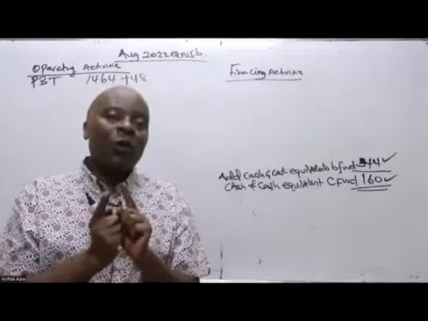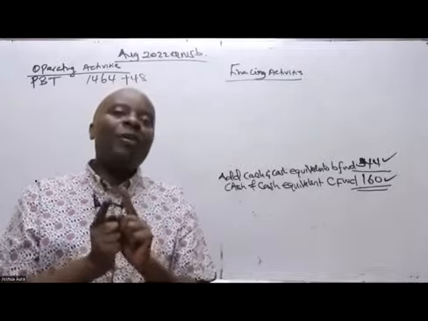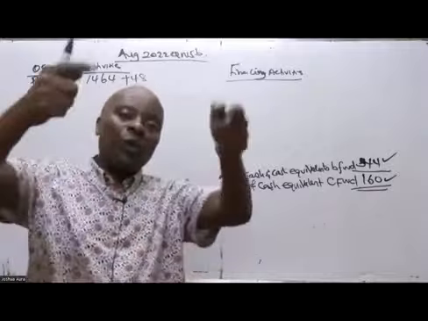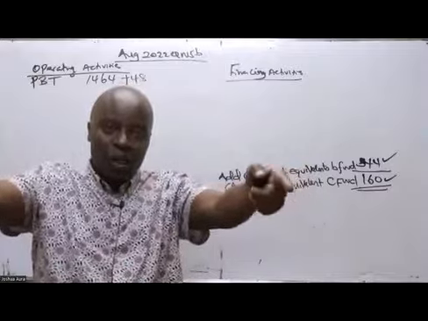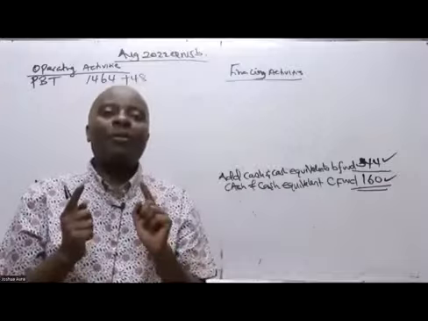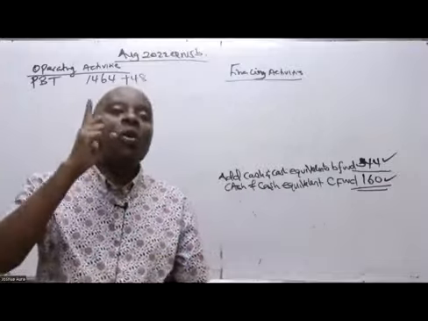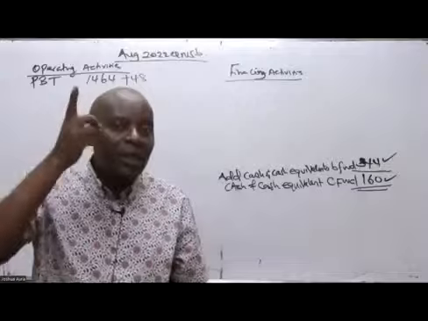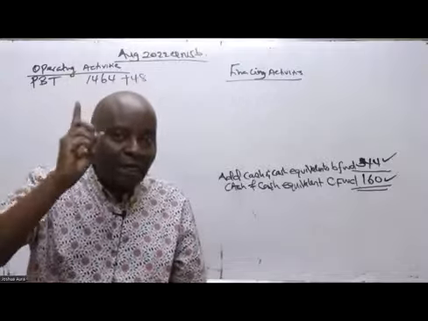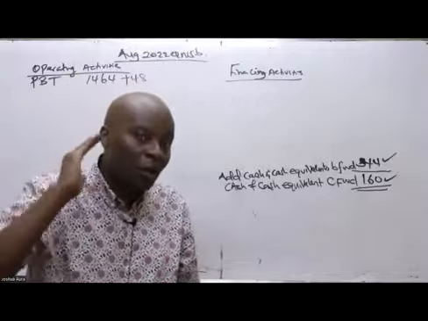This will be the profit before tax for the continuing operations plus the profit before tax of the discontinued, because I'm interested in the total profit before tax earned by the entire group.